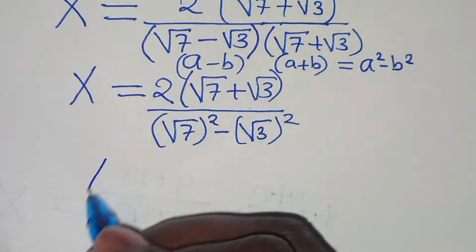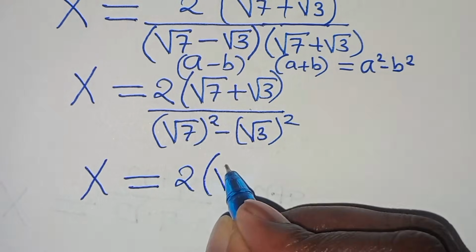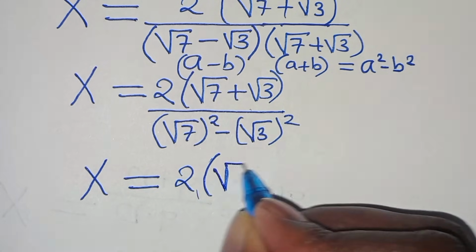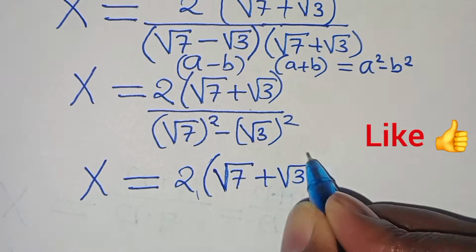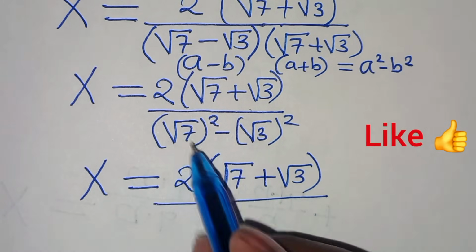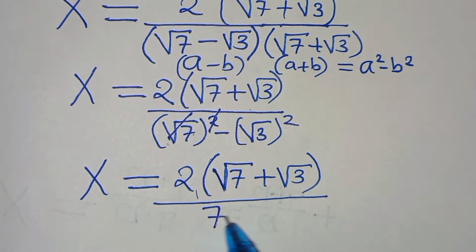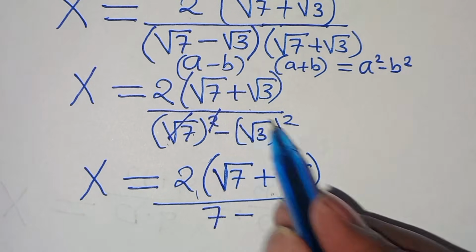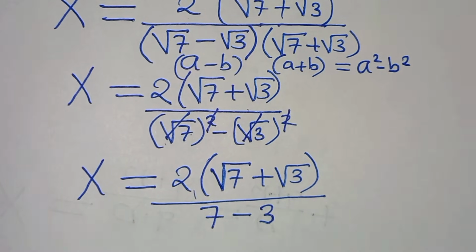So this means that x is equal to 2 times, in the parentheses, square root of 7 plus square root of 3, divided by, now square root of 7 to the power of 2 simplifies, so we have 7 minus square root of 3 to the power of 2, we simplify here, so this is minus 3.